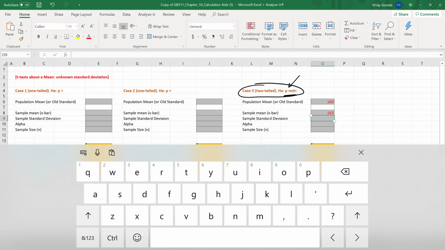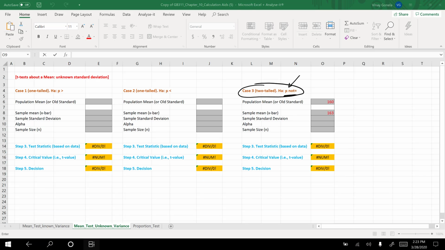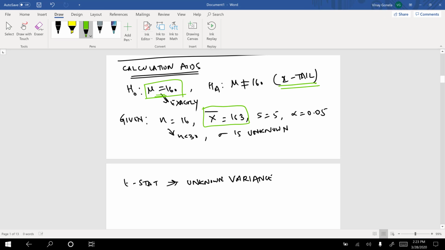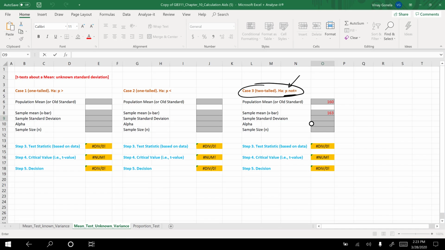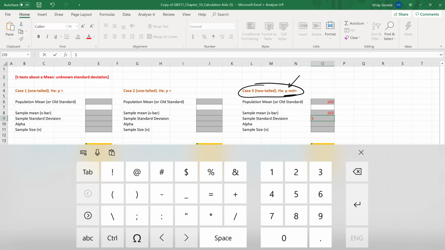And then sample standard deviation S, that is 5.